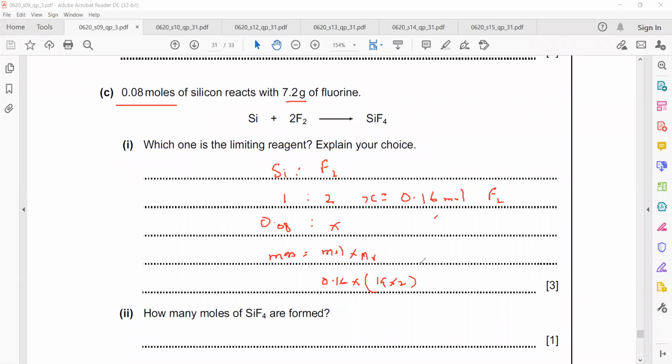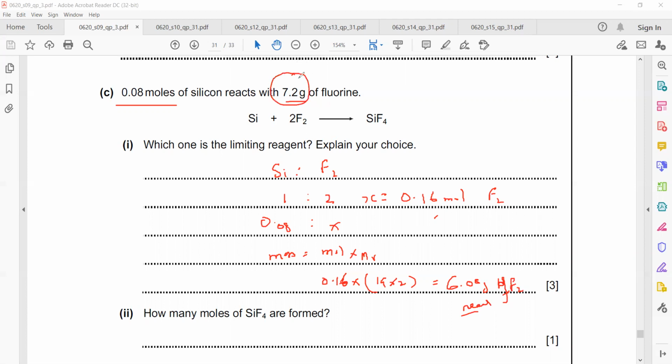So 38 multiplied by 0.16, what is the answer? 6.08. So 6.08 grams of fluorine is what we need for a complete reaction.